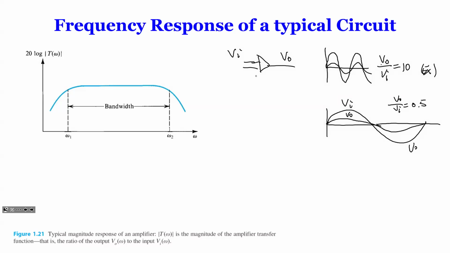For that one, I got 10 times the amplification, but for this one I only got 0.5. The output is not big, it's actually small. What happened? What's the difference between these two waveforms, other than the magnitude? The bottom one has a lower frequency, a longer period.